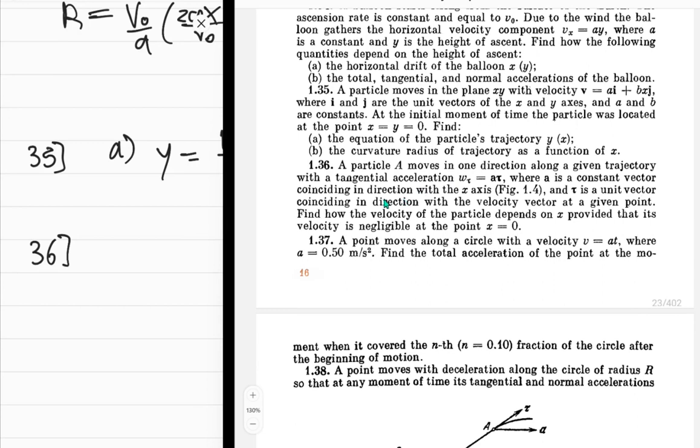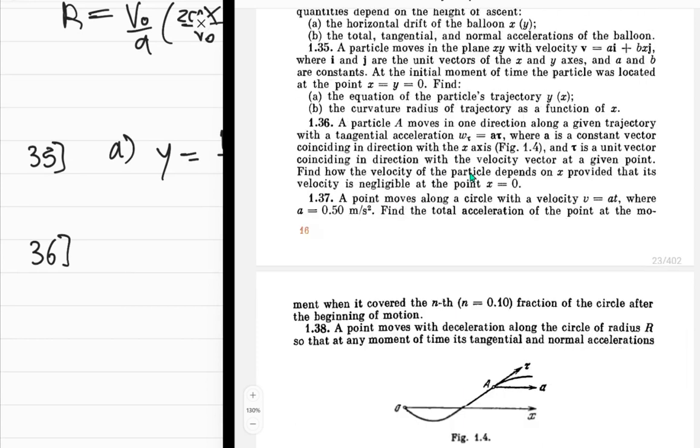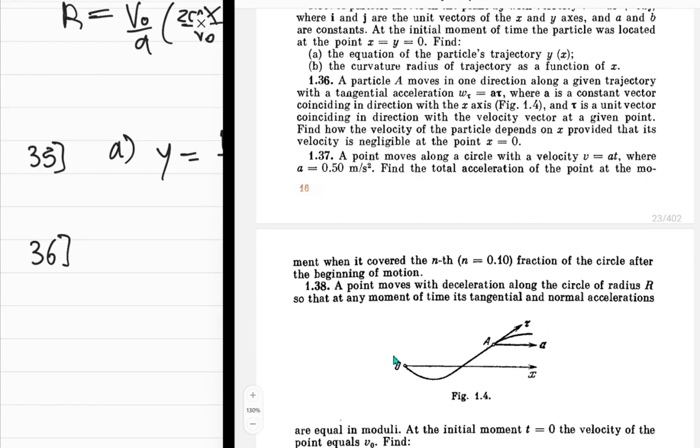It's just acceleration. Is this supposed to confuse us, or is this actually telling us anything? Oh, figure 1.4. Ah, nice. Oh, so it does move along a non-linear path. Why did they say it moves along one direction? I don't know. Right, so now, how do we solve this?